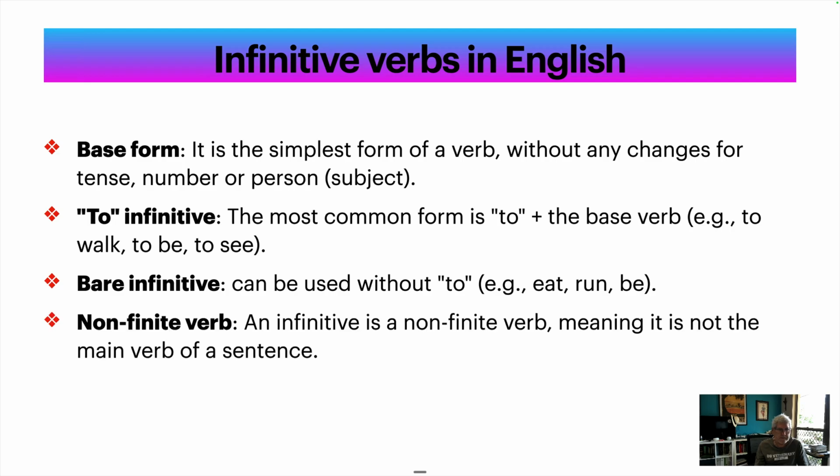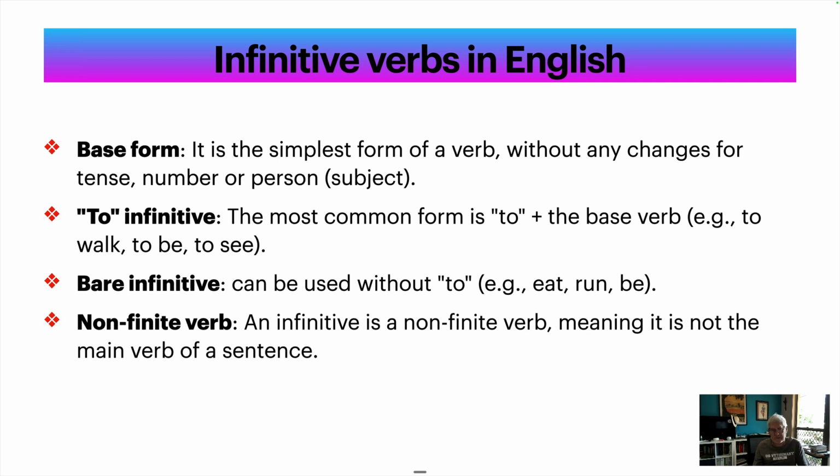preposition "to." So an infinitive is not a finite verb, hence infinitive, which has the consequence, at least, that it can't be the main verb of a sentence.